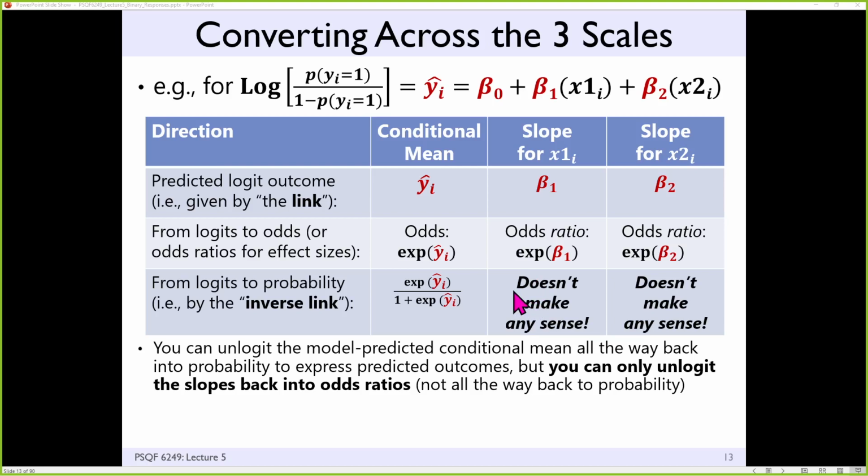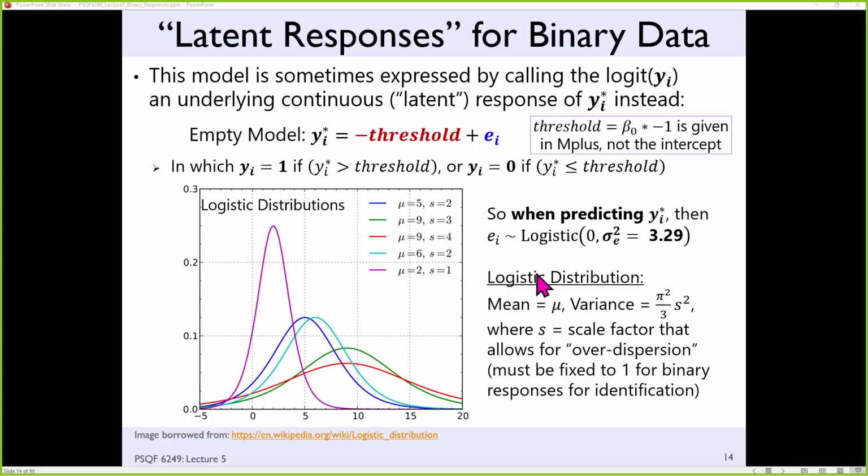Now, if that were the end of the story, this lecture wouldn't need to be 90 slides. So you will also see, in addition to all of the other ways I've described the same idea, another one: the idea of a latent response formulation. This is terminology that's used in the Mplus documentation and in a few different generalized modeling textbooks.